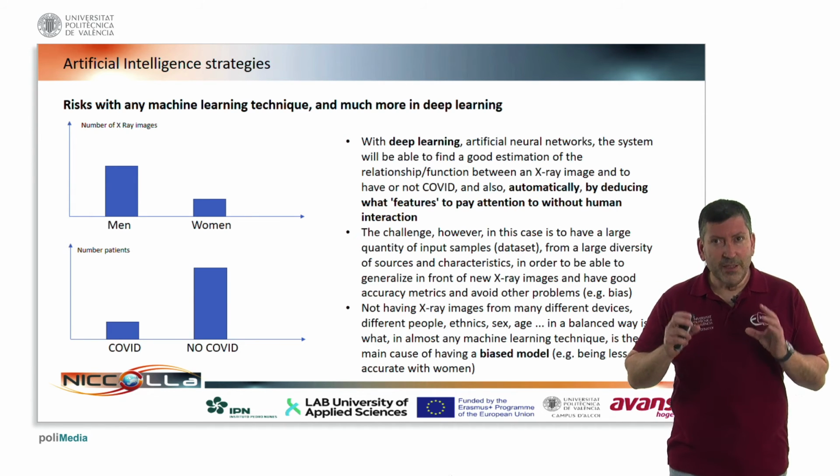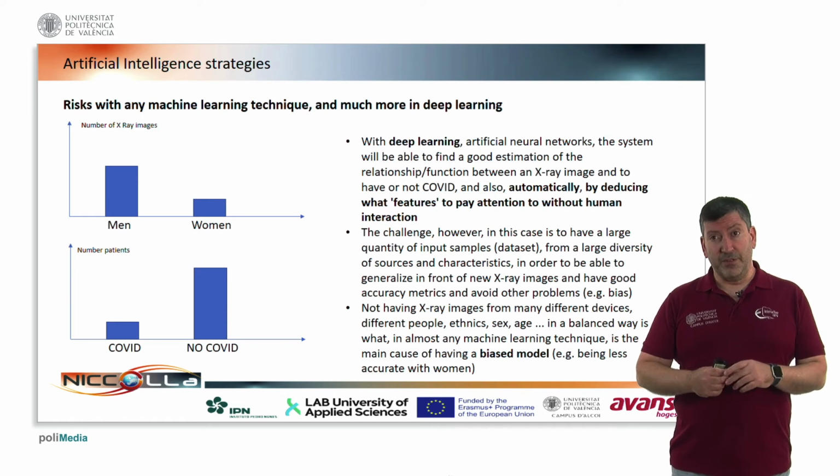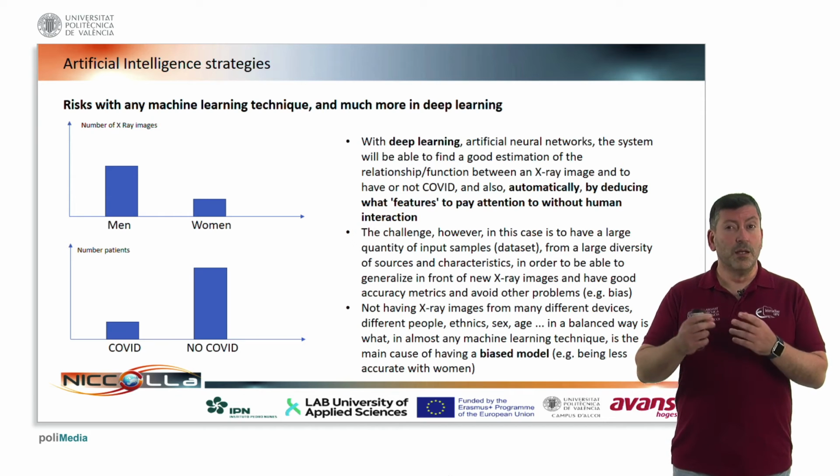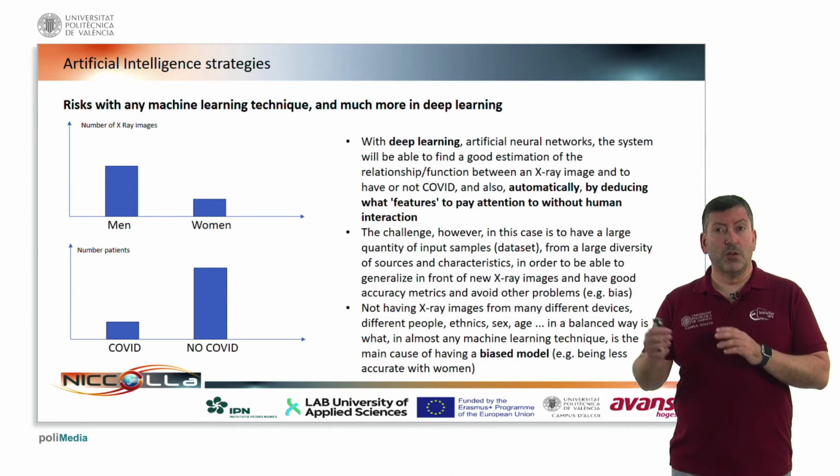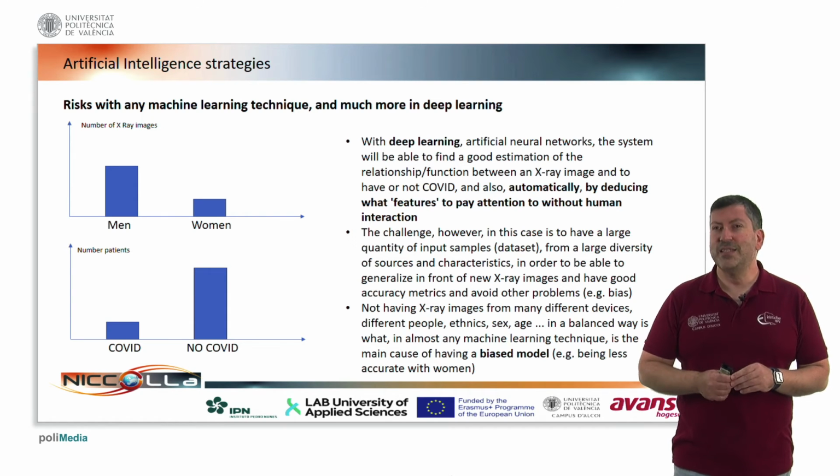So this deep learning model based on artificial neural networks is not only going to learn, in front of a new image, if we have COVID or not, but has automatically decided what features to pay attention to in the image without human intervention.